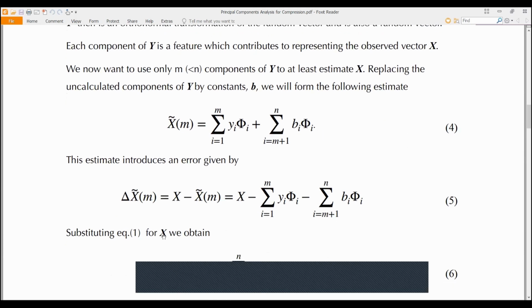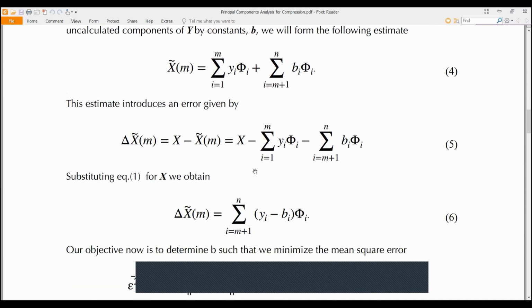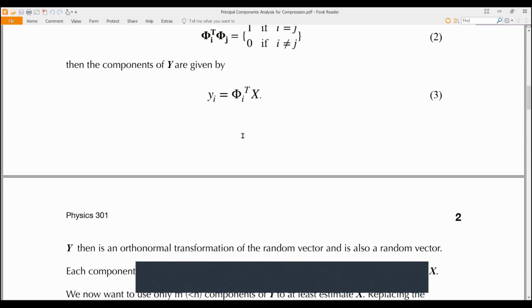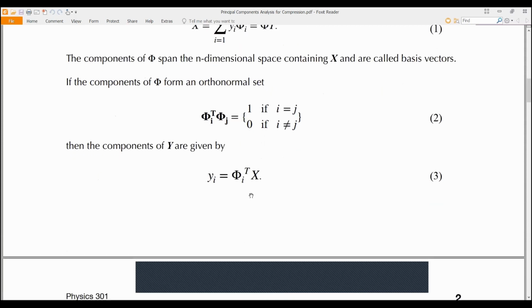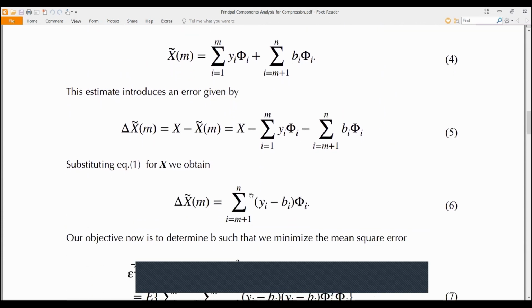And then, if we substitute equation 1 for x, meaning x being the summation of yi times phi sub i, right? Then we get this. So essentially, sinubstitute lang natin ito dun sa x. Okay? And there we have it.